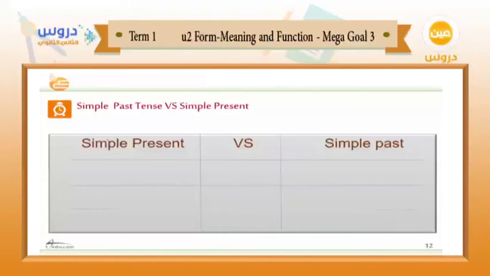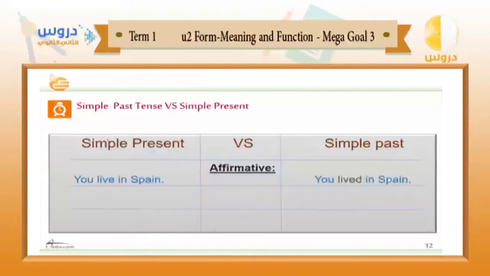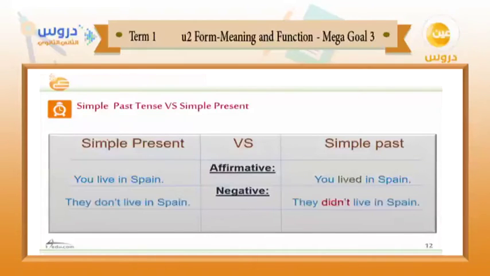Here are the differences between simple present and simple past. We have 3 examples. First example is an affirmative sentence. In simple present, we say, you live in Spain. And in simple past, we say, you lived in Spain. In negative, we say, they don't live in Spain. In the past, they didn't.